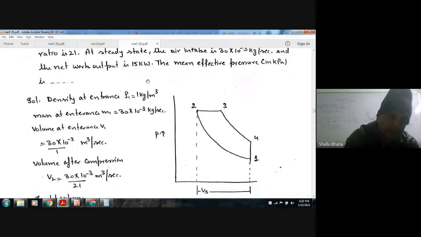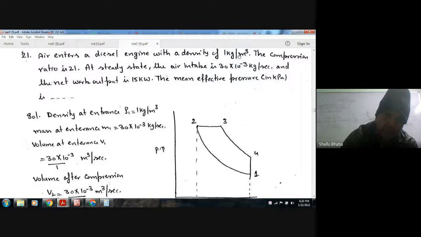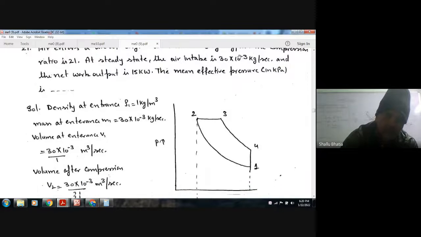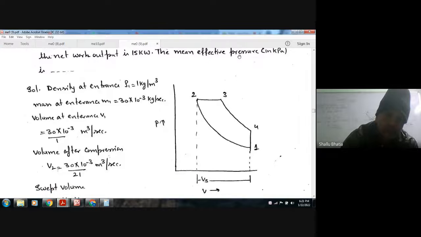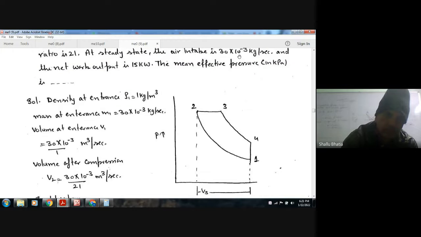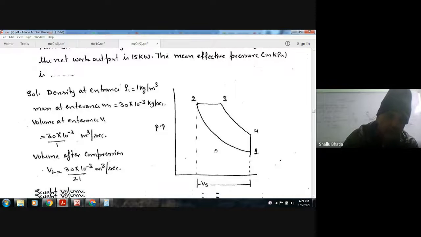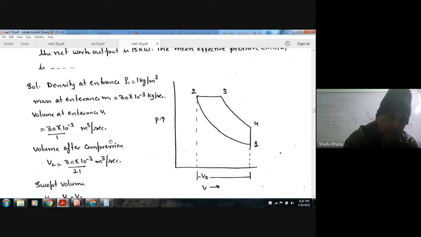We find the volume at the inlet, where the mass is 30 into 10 to the minus 3 kilogram per second, and the compression ratio is 21. So the volume after compression is V2, which is V1 divided by 21, the compression ratio.